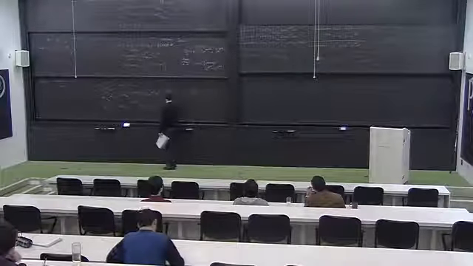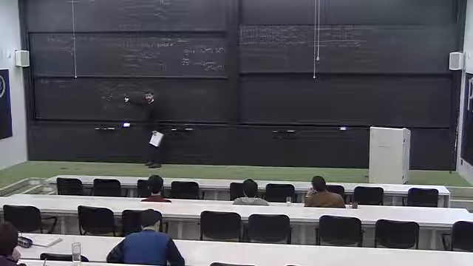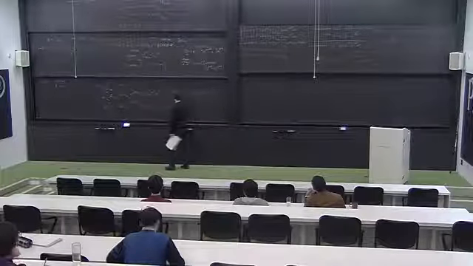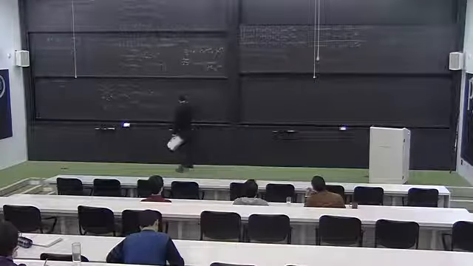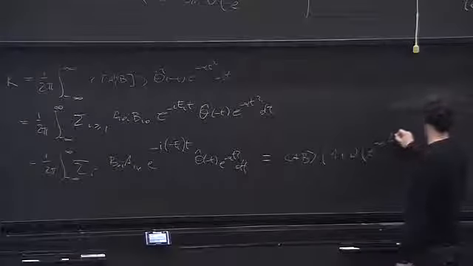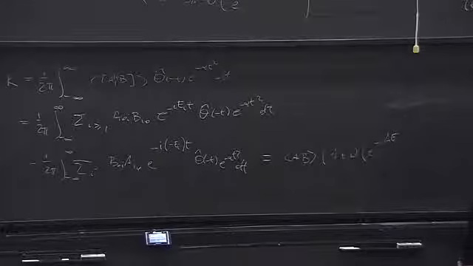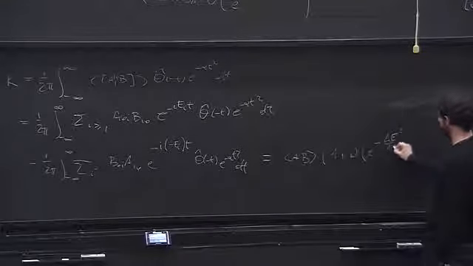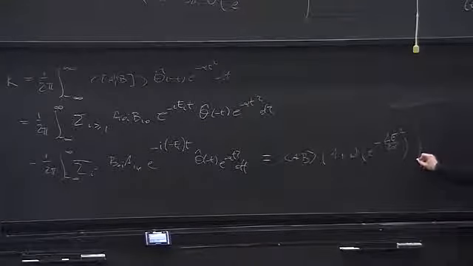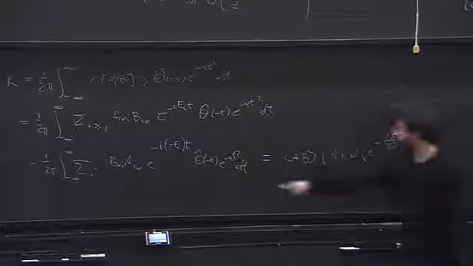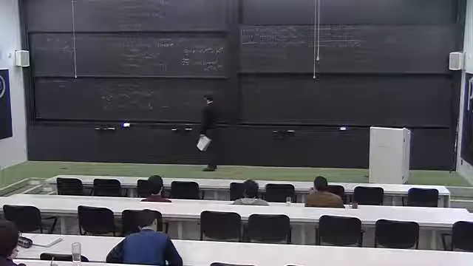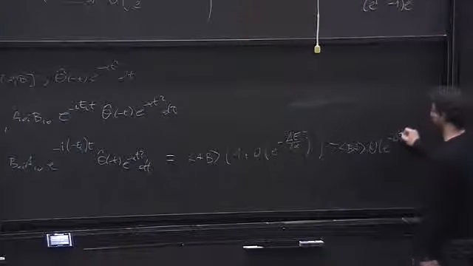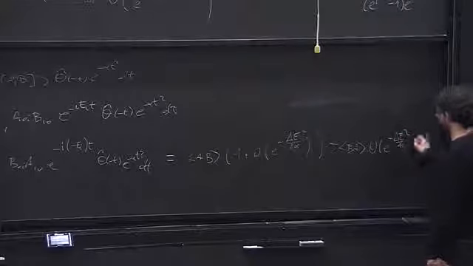So this part is AB, times 1 plus order of e to the minus delta E squared over 4 alpha. And this one is minus BA, order of e to the minus delta E squared over 4 alpha. You agree?